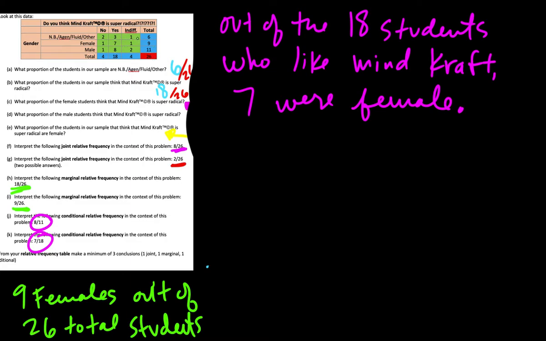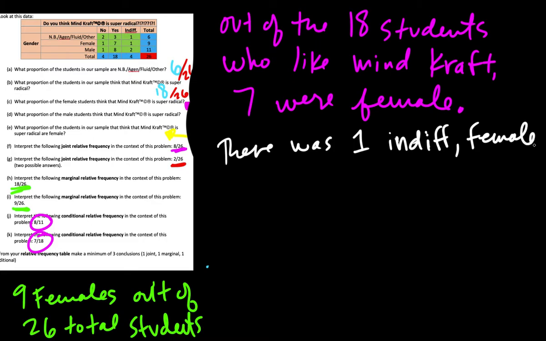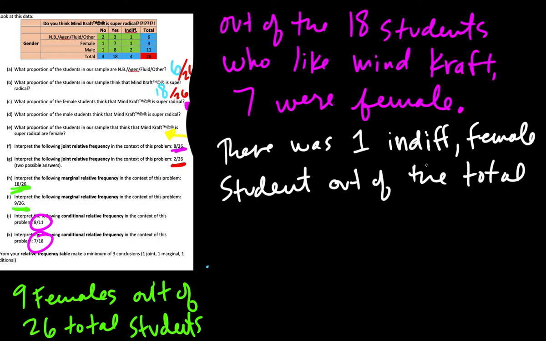So for example, if I pick this 1, then I'm going to say that there was one indifferent female student out of the total 26 students.